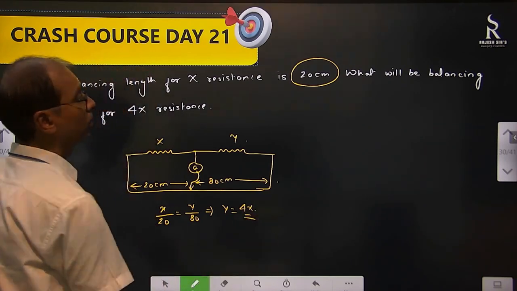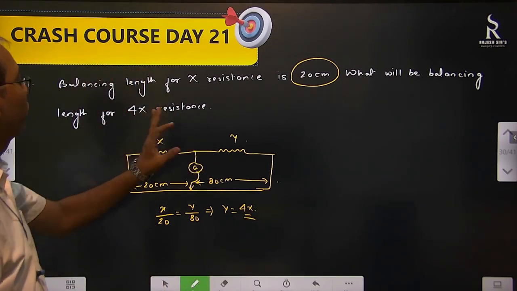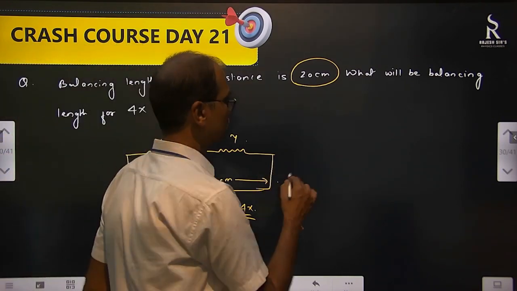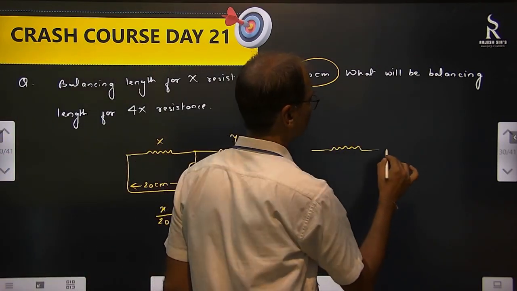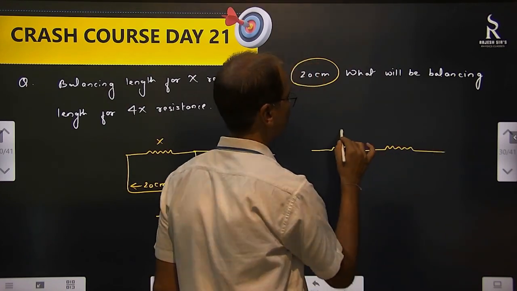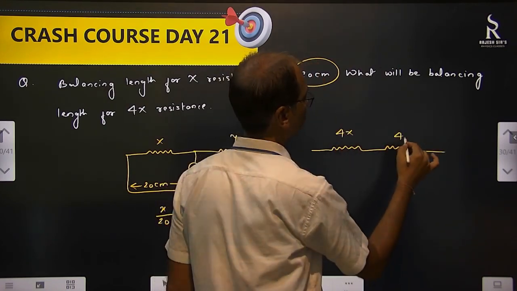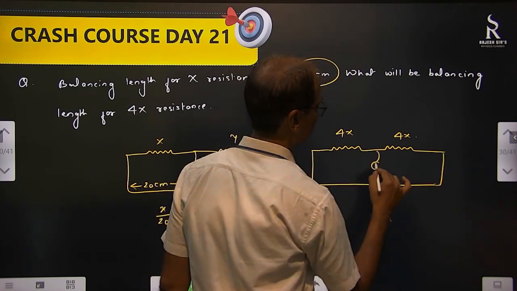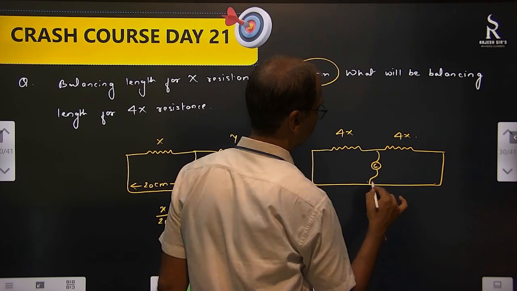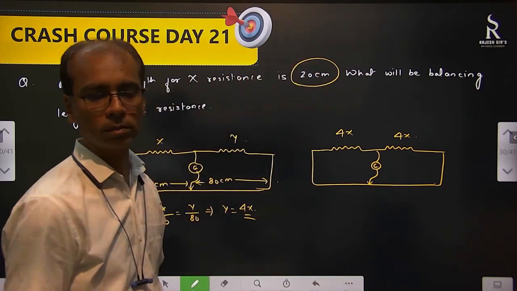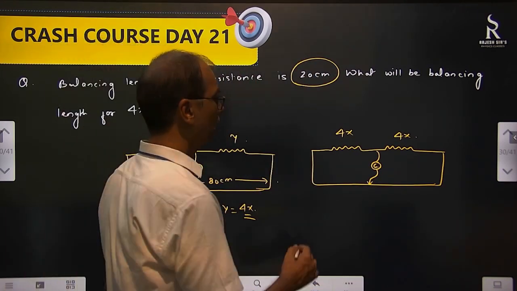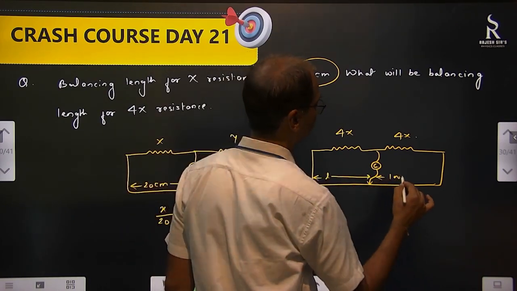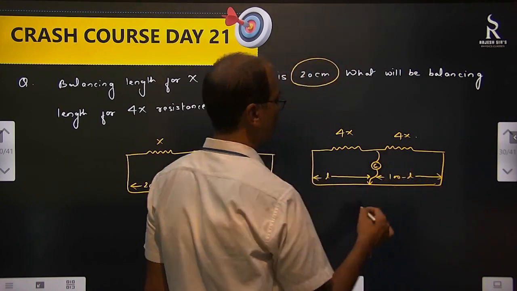Now, what will be the balancing length for 4X resistance? In place of X, you want to have 4X. But the other one is also 4X now, Y is also 4X. So this is 4X, this is also 4X. Let the balancing length be L. I know the answer, because both are the same resistors, so they will equally divide the length.